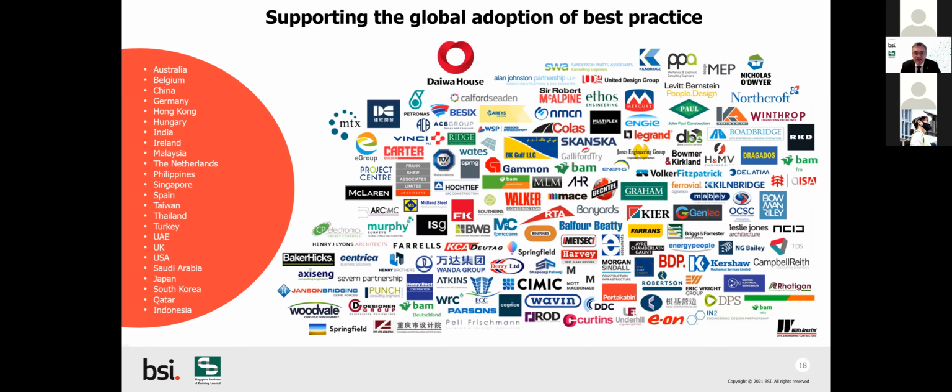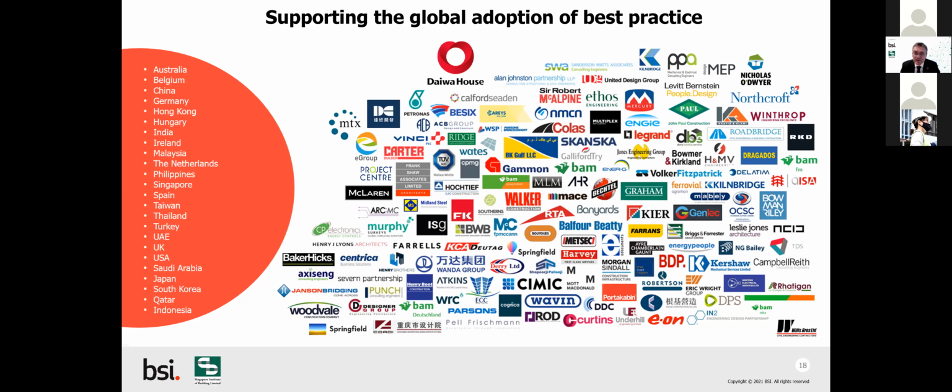This is just a snapshot of some of the clients that we've been working with over the last few years. As you can see, the list is now quite extensive of countries where our standards and our certification systems, the BSI Kitemark, are being used to help the sector align, transform and reap the benefits of this digital transformation program that we're seeing so much of.